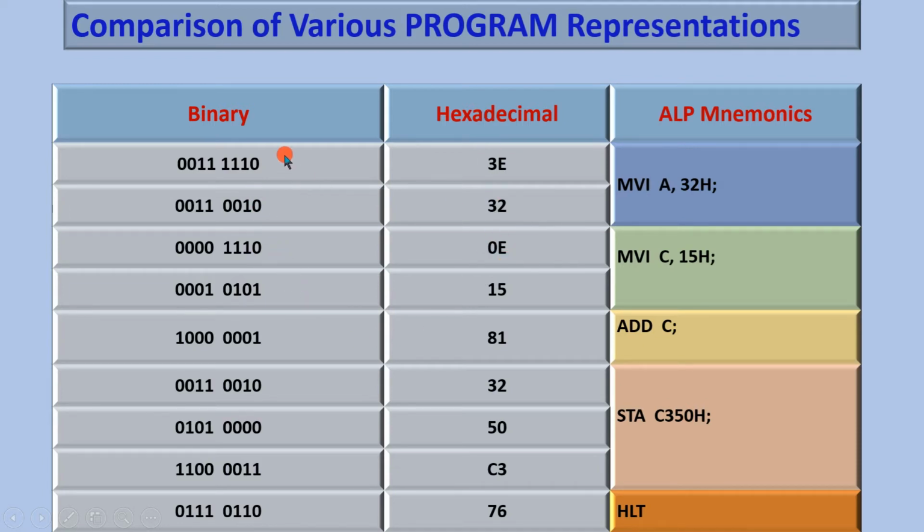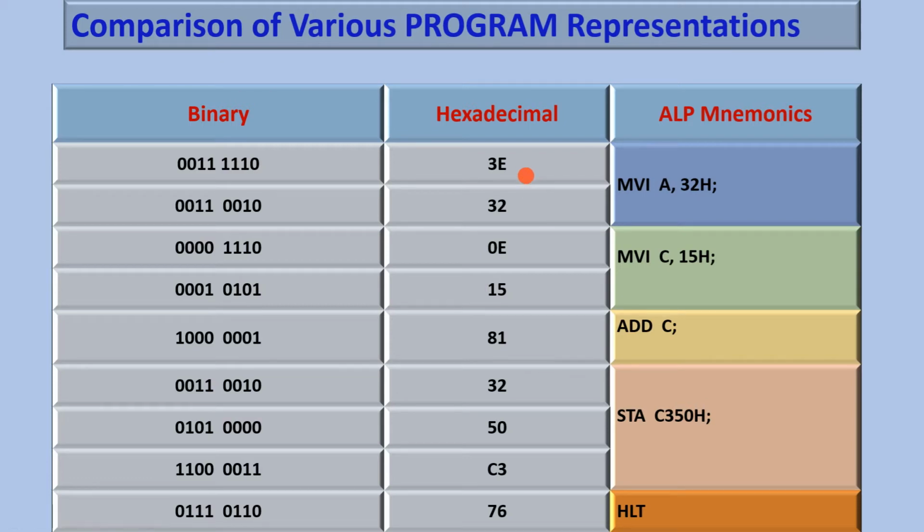So if we compare this representation and this representation, which is the most convenient? Here it just requires two digits, and every number seems to be distinguishable from every other number. The reason is that it has a rich set of characters.